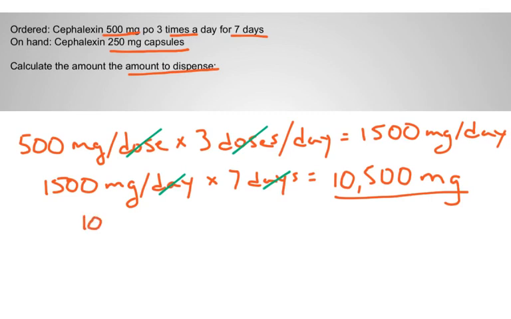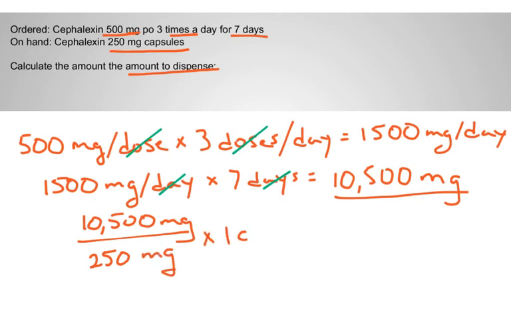He needs 10,500 milligrams total. What you have on hand are 250 milligram capsules, which is per 1 cap. Now you're going to cancel the units, and when you do the math, you get 10,500 divided by 250 for each capsule, and he's going to need 42 capsules to get through all of his medication.